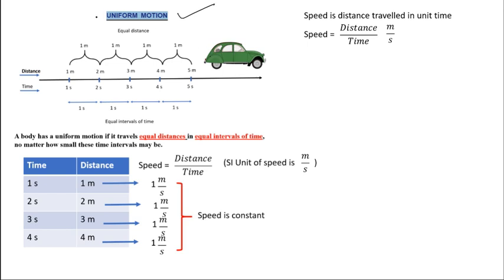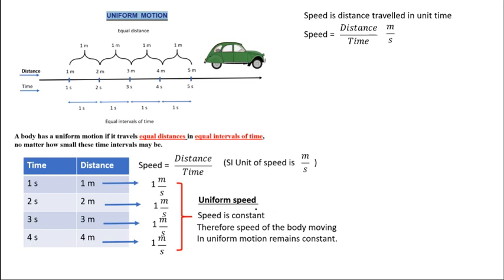If the body moves in uniform motion, and what do you understand by the movement in uniform motion? Covering equal distance in equal intervals of a time, and then what happens? The speed remains constant. So that's why it is written, speed of the moving body in uniform motion remains constant, right? So that is also called uniform speed. The meaning of uniform speed is constant speed.